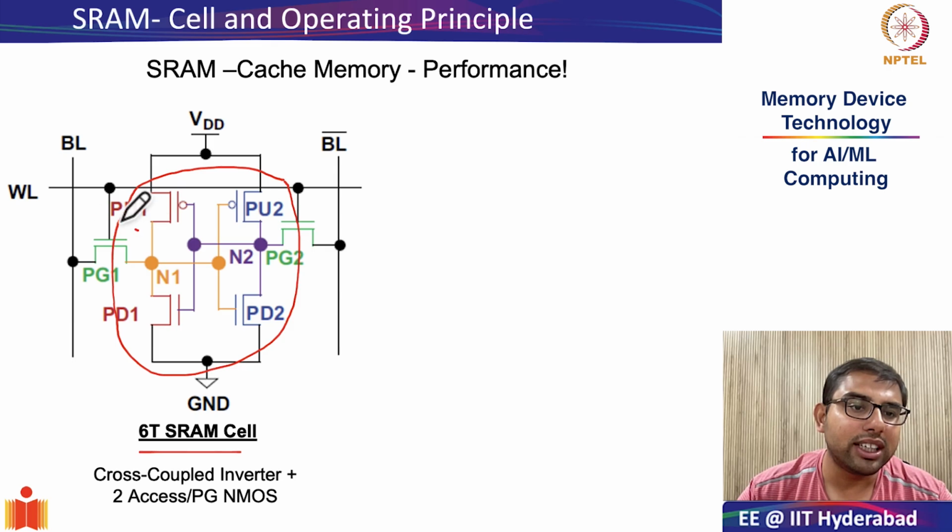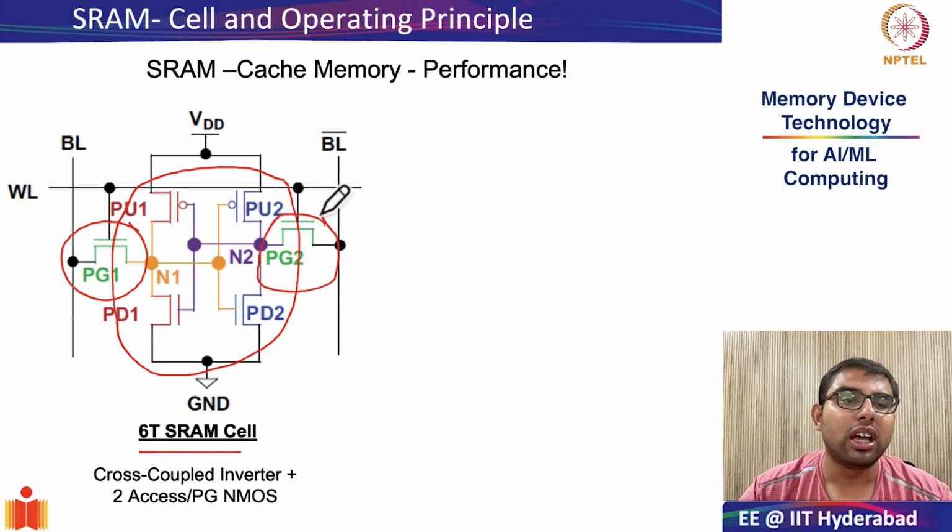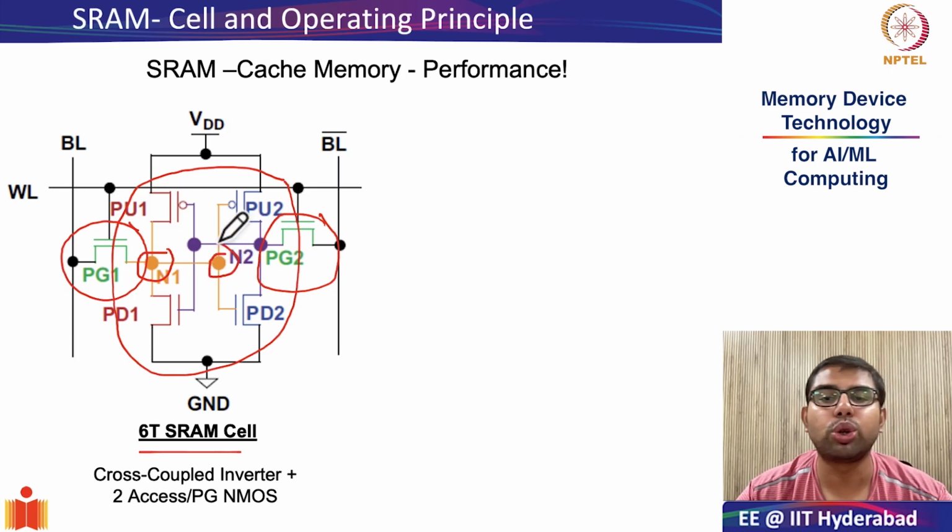And you have these 2 access transistors, which are NMOSs, which give access to the bit lines, or to the outside world, to the information in the internal storage nodes N1 and N2.